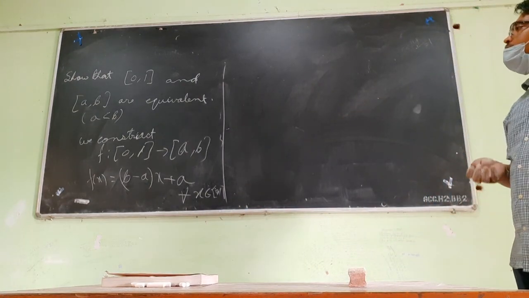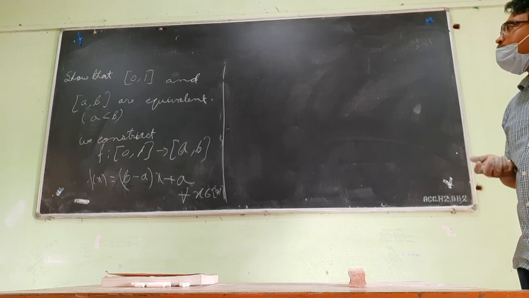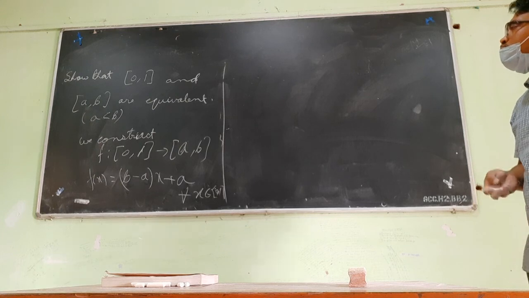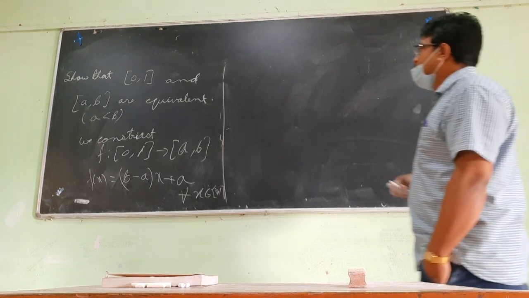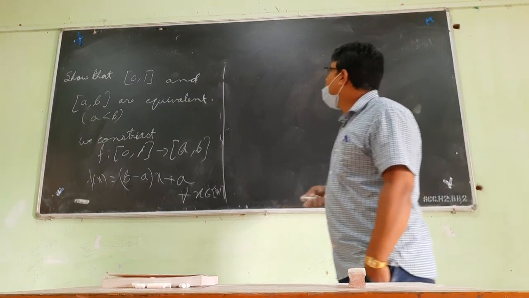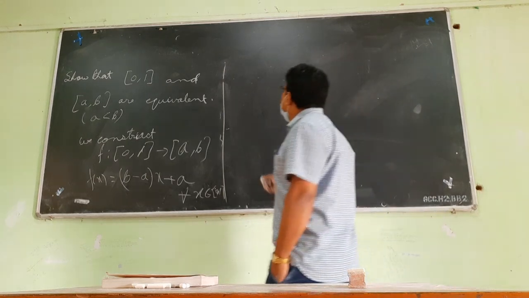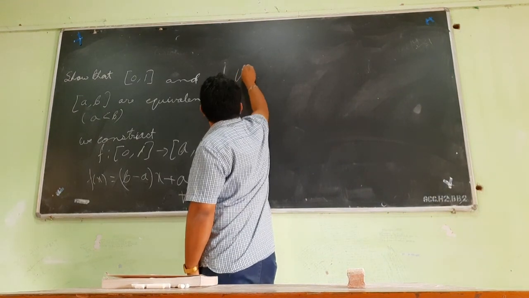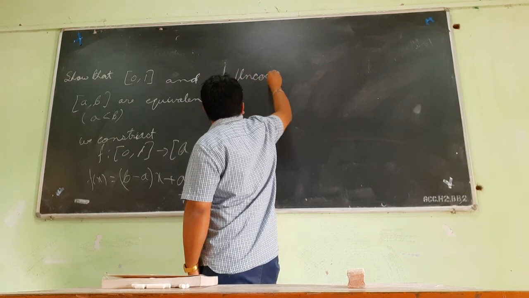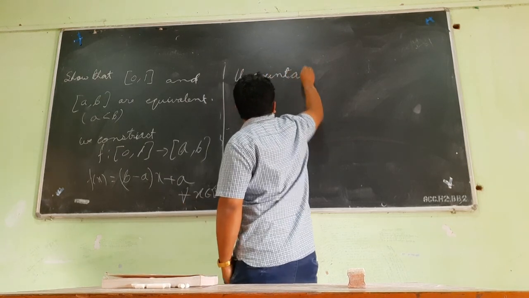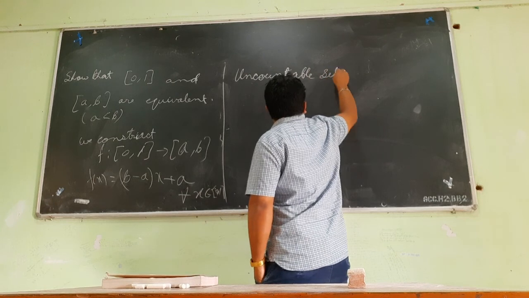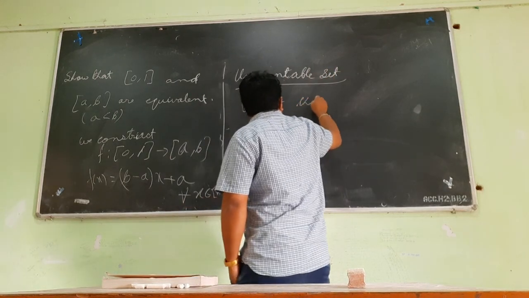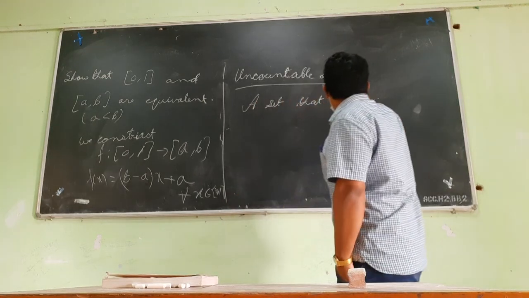Next is another one. So next we have something called an uncountable set. Okay. What is an uncountable set? A set that is not countable.